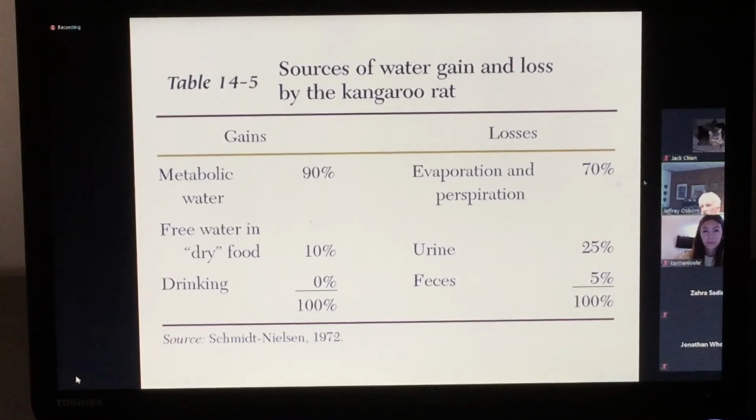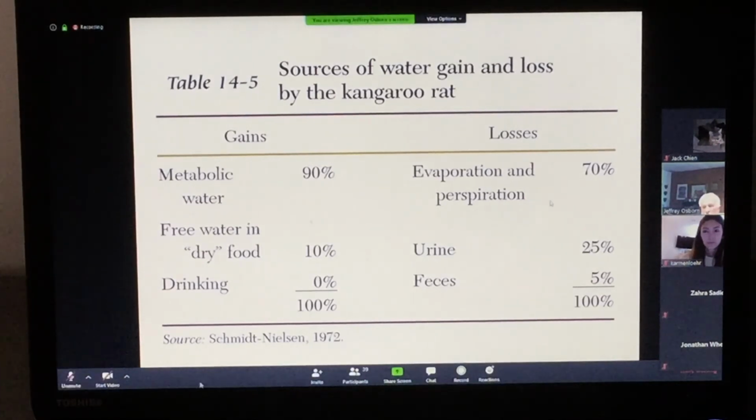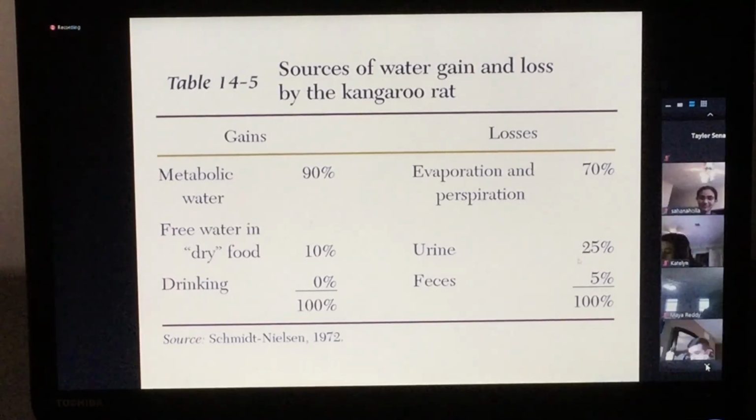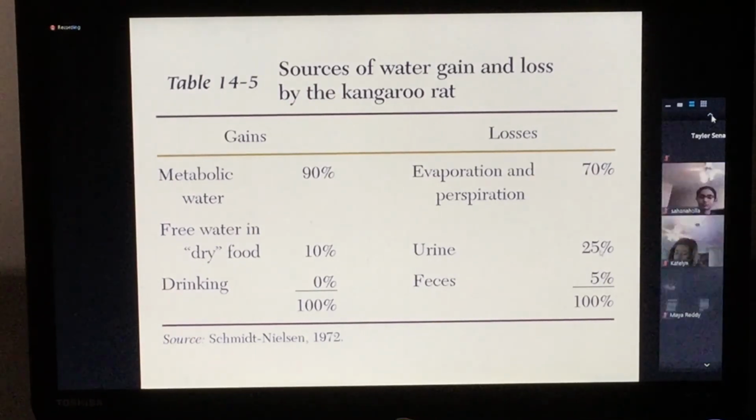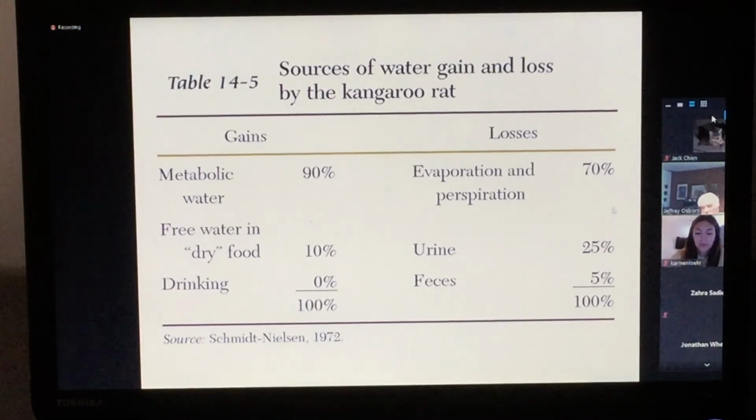We keep ourselves very well hydrated, all right, because we lose about 20% of the water we take in as mammals just because we respire every single day. The kangaroo rat only loses about 25% of its water through its urine. So most of the water that we lose is through kidneys, and about 20% of it is through our perspiration and our evaporation.